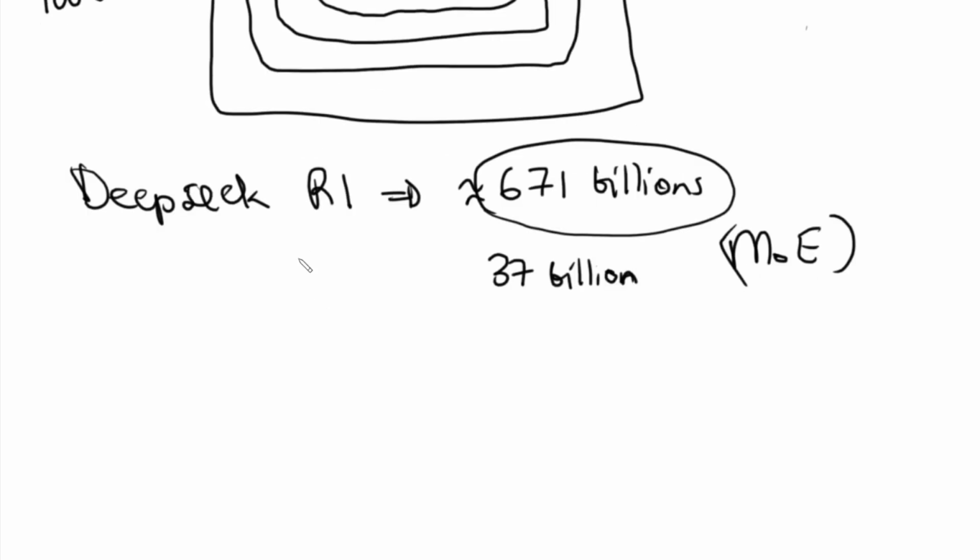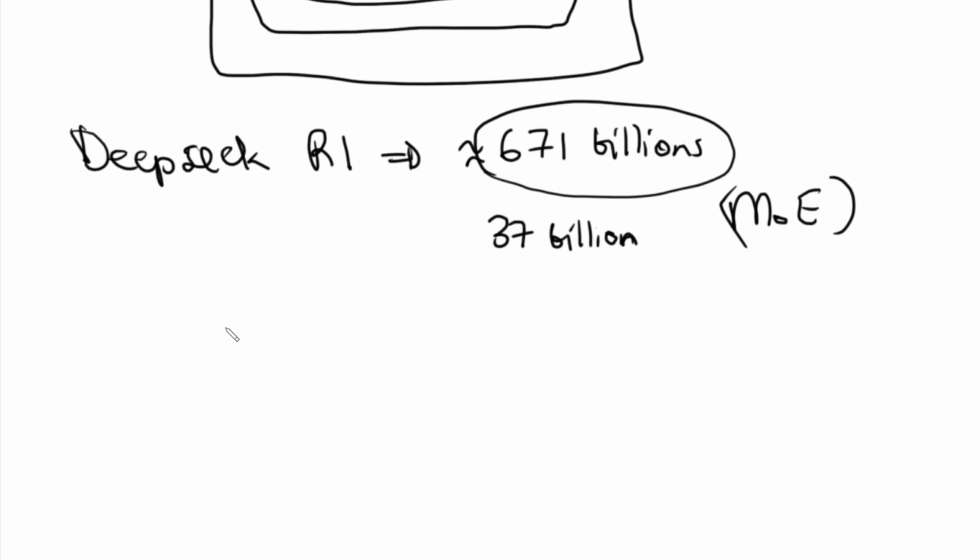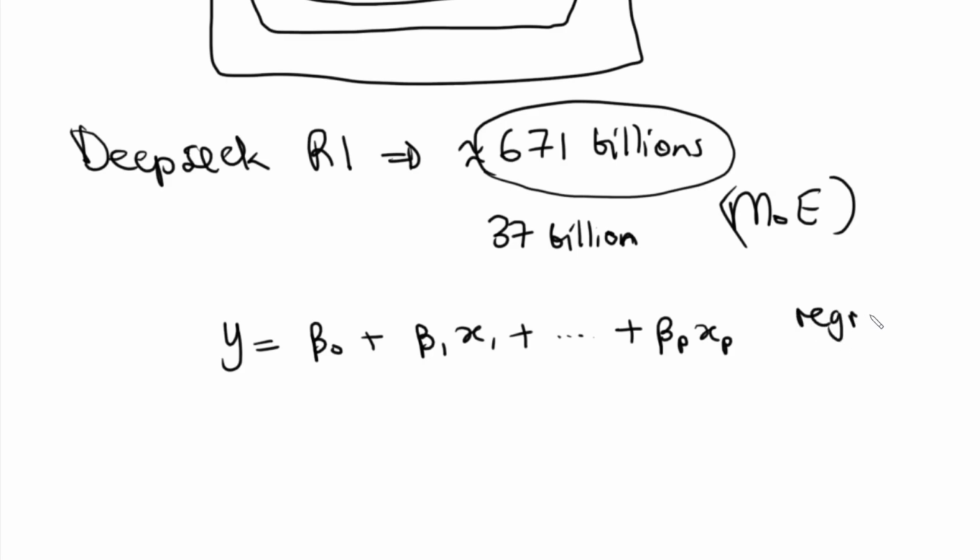When you did maths in high school, we did something like y = β0 + β1x1 + ... + βpxp, because you're doing regression. These betas are the parameters for that regression.